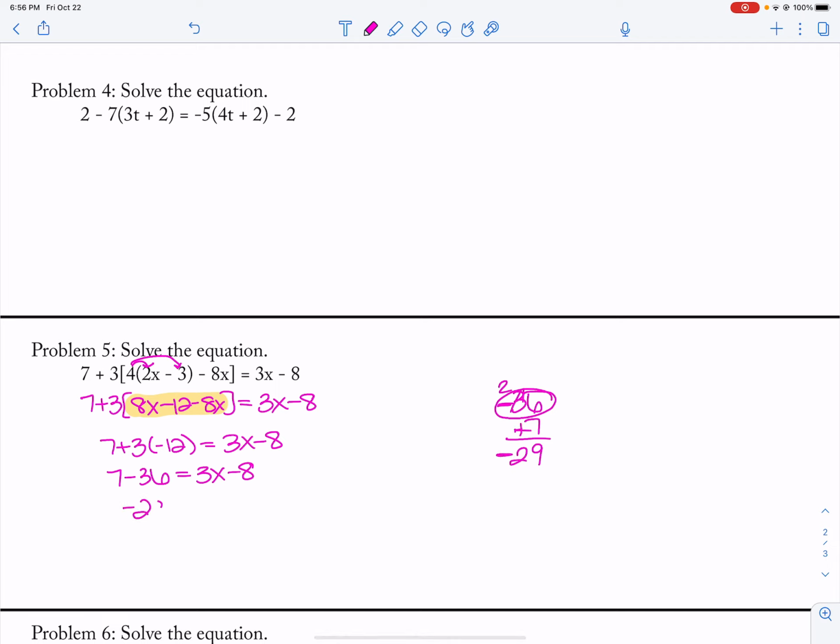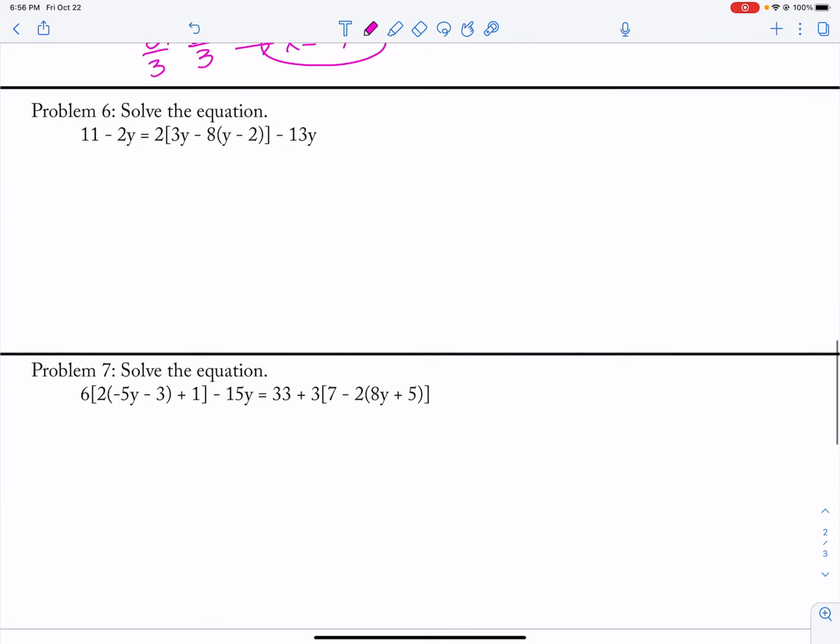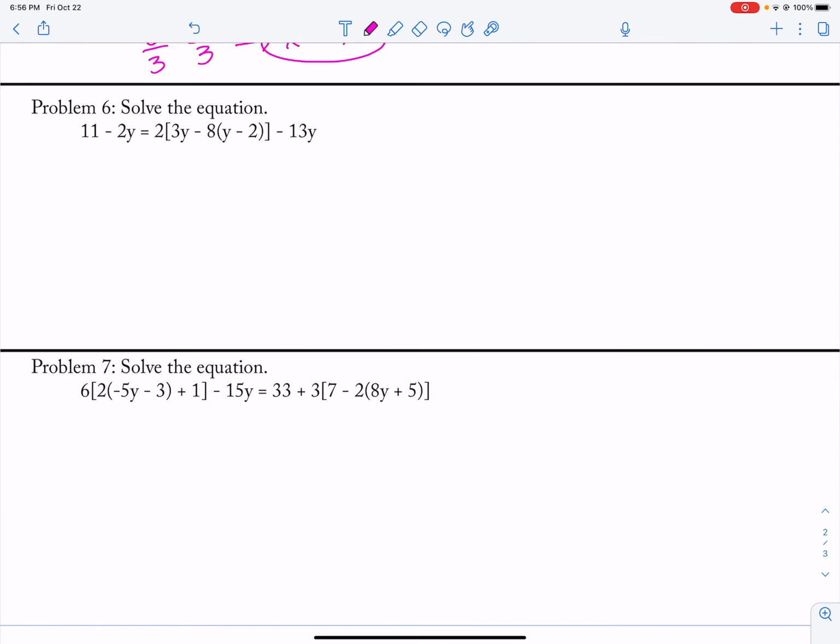So this is negative 29 is equal to 3x minus 8, and then I add 8 to both sides, and I get negative 21 is equal to 3x. Divide both sides by 3, and I will get x is equal to negative 7, okay? Wow, look at all these parentheses. Oh my goodness. All right, so let's start this again.